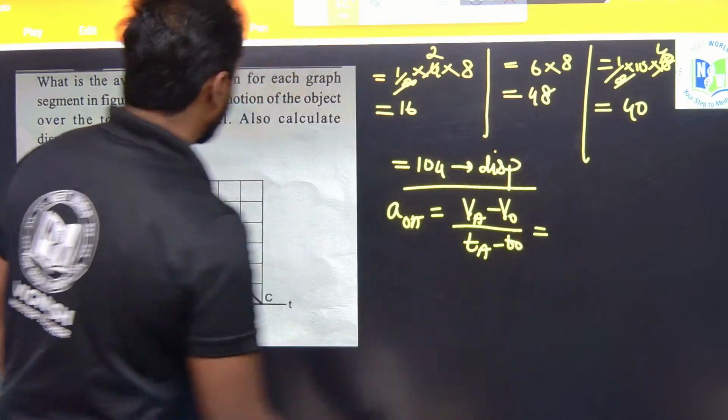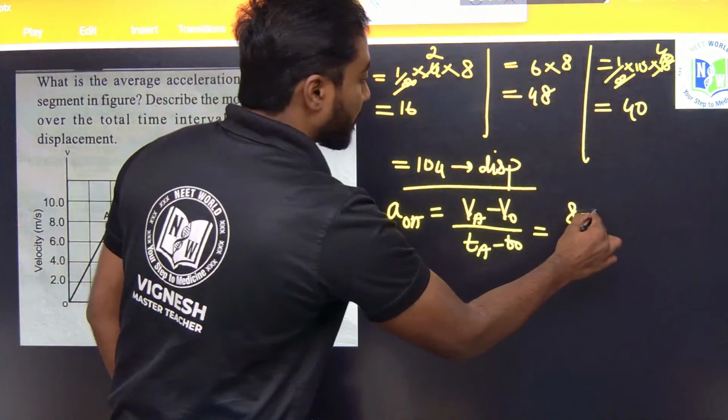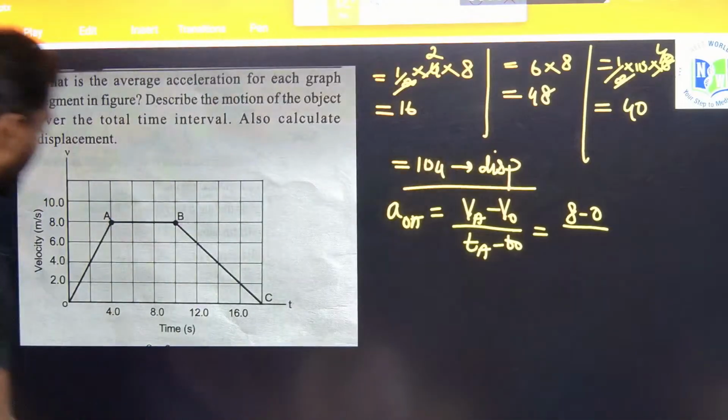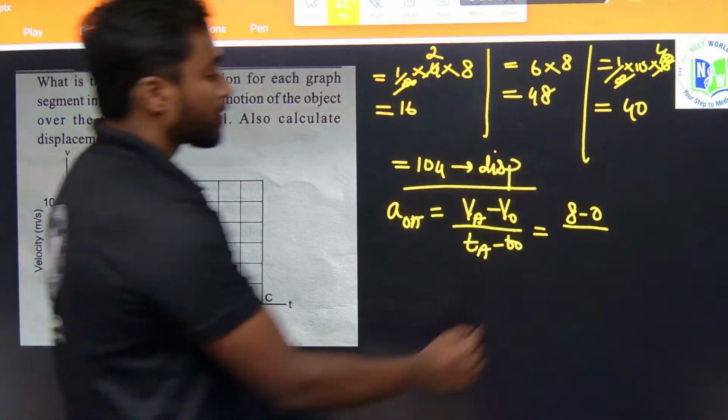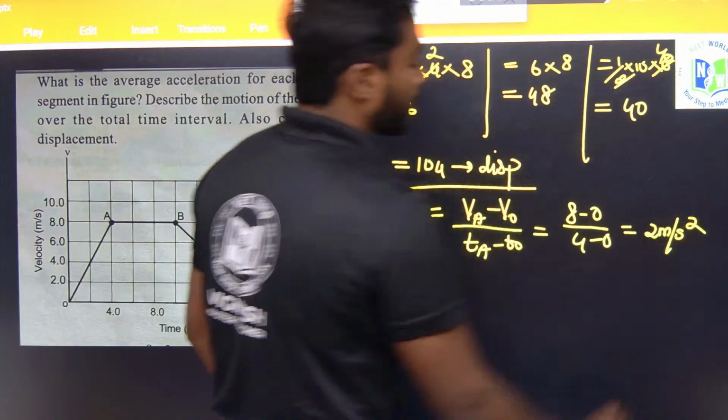Velocity at A is 8 and at O is 0. So 8 minus 0 by the time taken, 4 minus 0, which is nothing but 2 meter per second square, right?